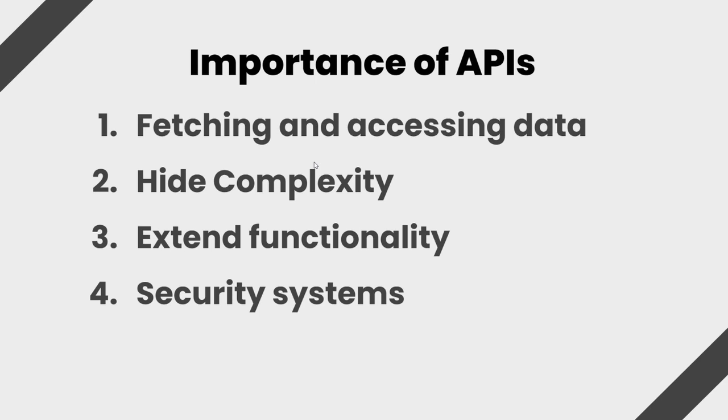That's why most times when you download an app for the first time, you would see a message like allow this app to use your contacts, allow this app to use your pictures, allow this app to view your photos or your videos, allow this app to use your microphone on the phone. All those things are actually being secured by your API. So until you decide to give that particular app access, by default it doesn't have any access at all. And so that's why APIs are very important.